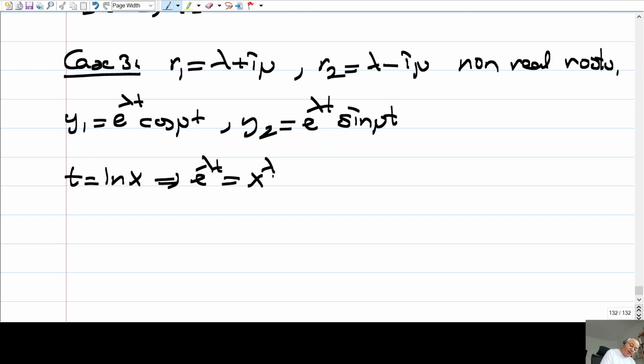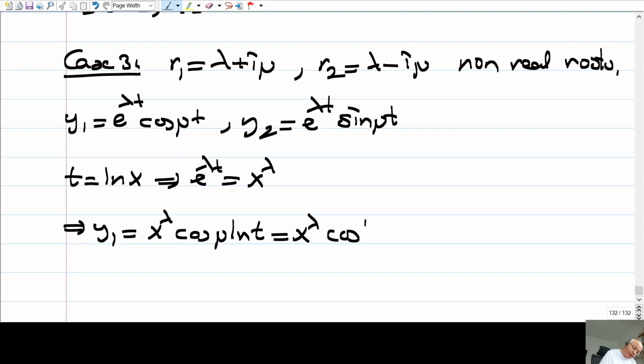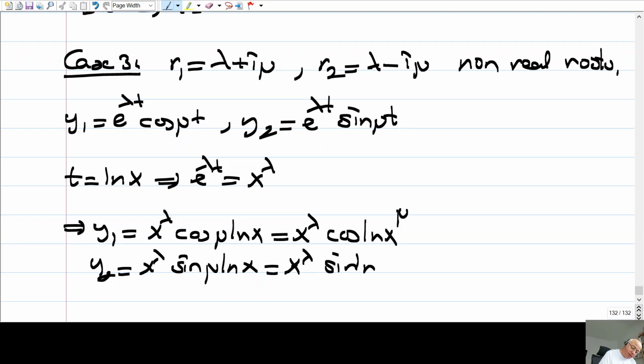And t is ln x, therefore y1 is just x to the power lambda times cosine of mu times ln x, and y2 is the same thing, this time with sine of mu times ln x.